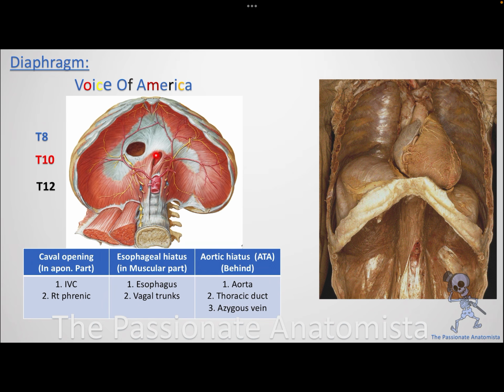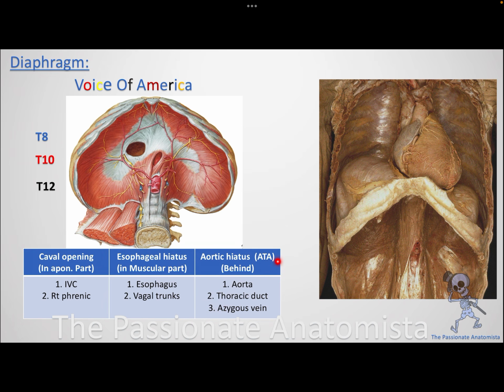So at the esophageal hiatus, we have the right and left vagal trunks. They come out to the abdominal cavity through the esophageal hiatus, and through the aortic one, remember the ATA structures. Other than the aorta, the thoracic duct, and the azygos vein. So the ATA structures.